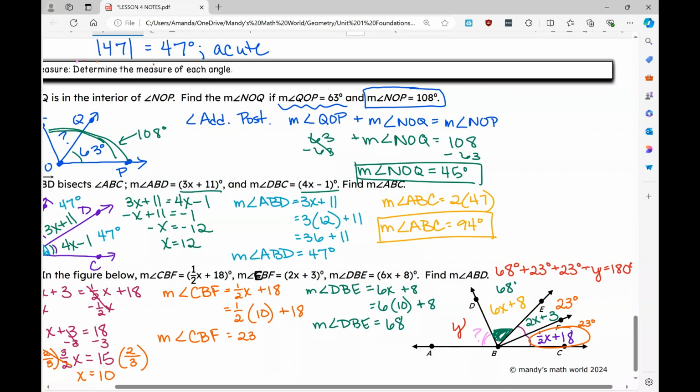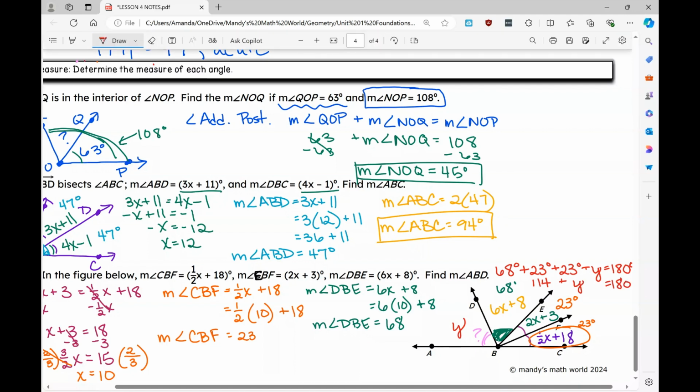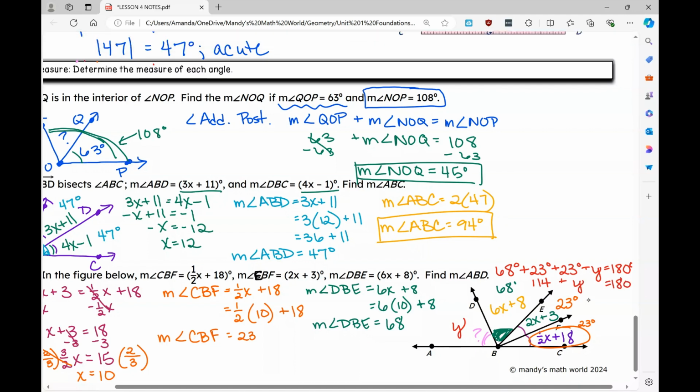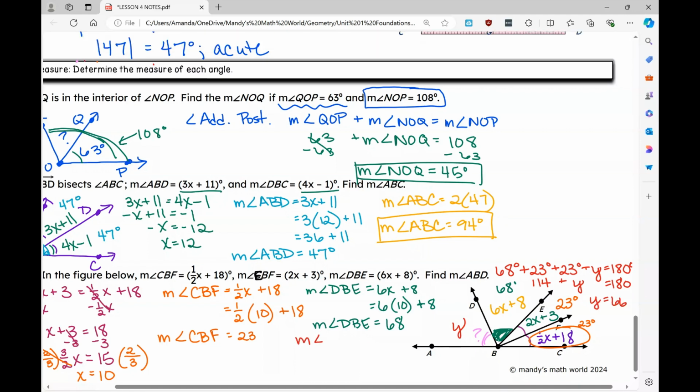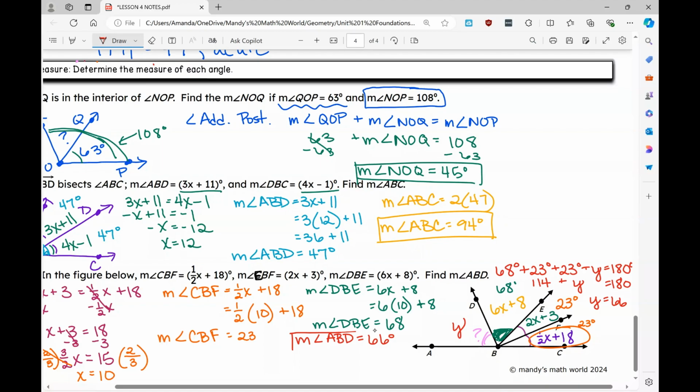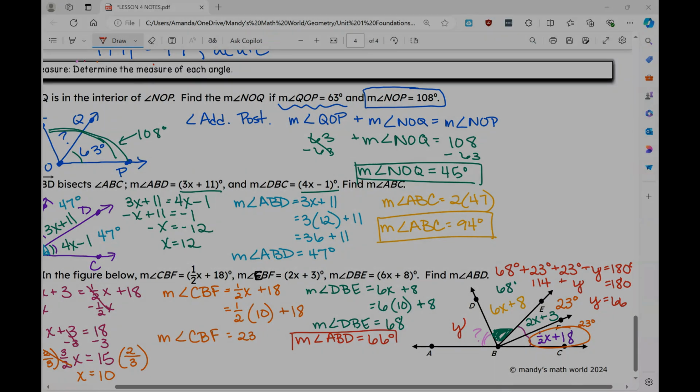Those angle measures added together equal 114 degrees plus y equals 180. When I subtract 114 from both sides, I get 66 degrees, which means the measure of angle ABD, which is what we were looking for, is 66 degrees, and that's your answer. That concludes today's notes over naming and classifying angles.